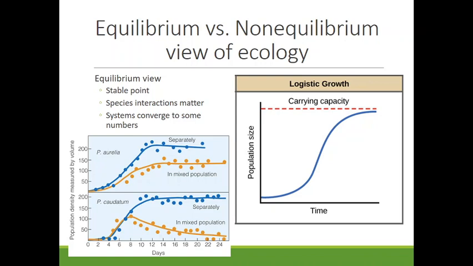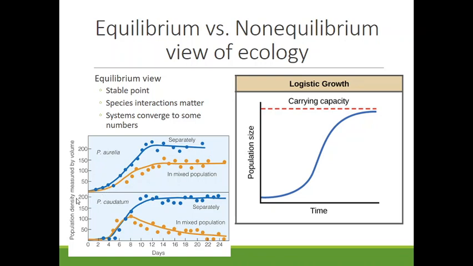A lot of our models need some sort of equilibrium, some sort of stable point, for species interactions to actually matter. Whether we're talking about logistic growth or competitive exclusion, the systems need to have some stable point or some time where the numbers can converge on something.